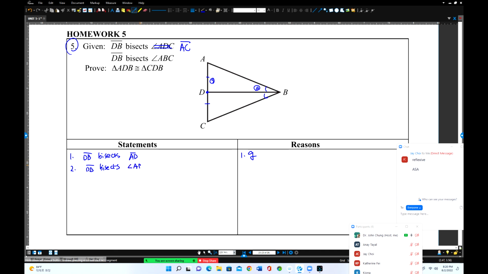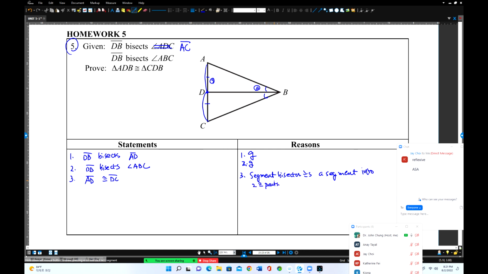From number 1, you can say AD congruent to DC. That's given. The third one is what? Segment bisector: divides a segment into two congruent parts.